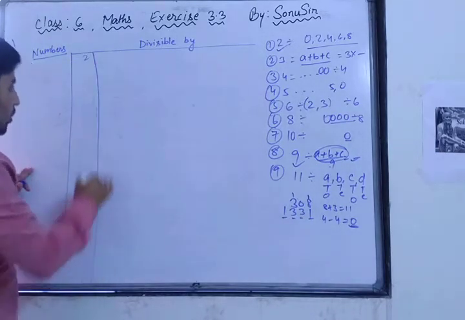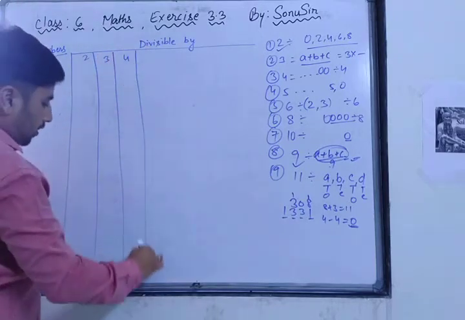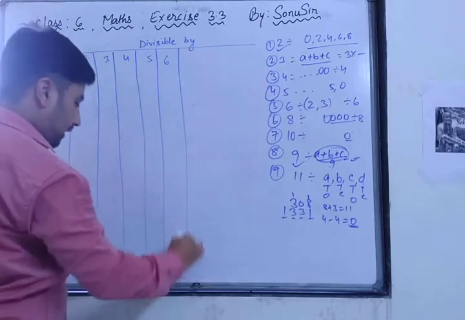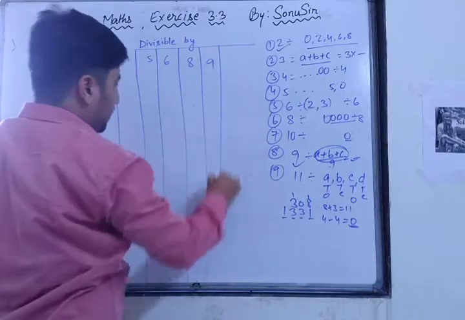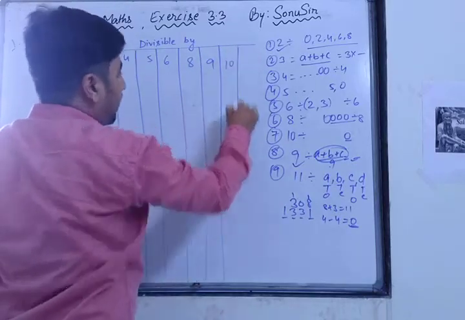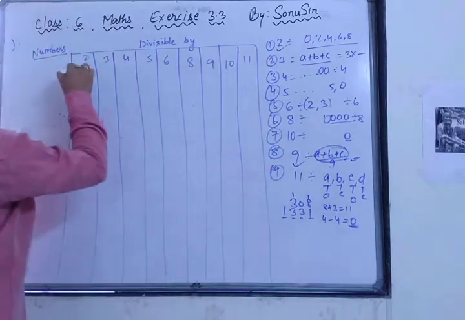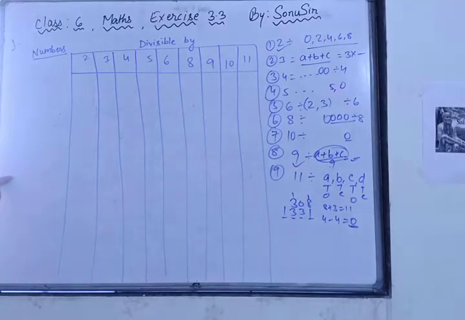2, 3, 4, 5, 6, 8, 9, 10 and 11. Right? These are the divisible by columns, and here some numbers are given.